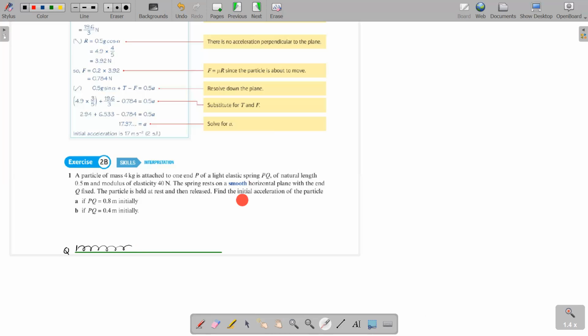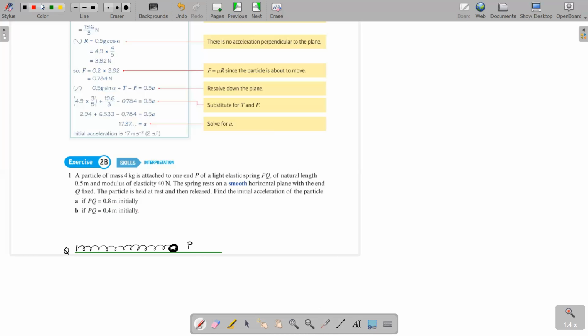They say here, find the initial acceleration of the particle if PQ is 0.8 meters initially. What do they mean by PQ is 0.8 meters initially? This is the particle P, the object you're attaching.